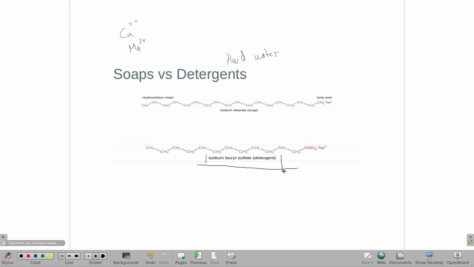All right, so if these don't actually form soap scum, how come we don't actually use them to wash ourselves? Technically, it's because they're too good of cleaners. You and me and anybody that's a mammal, our bodies produce a little bit of oils that are necessary to keep the skin nice and healthy.